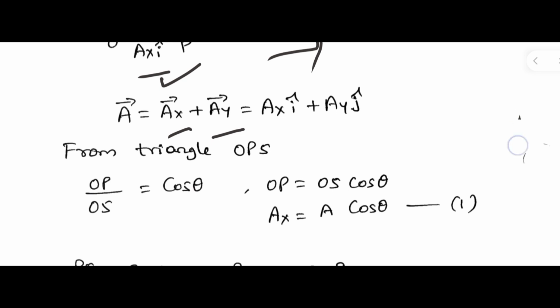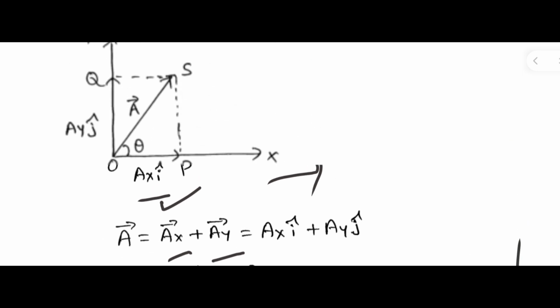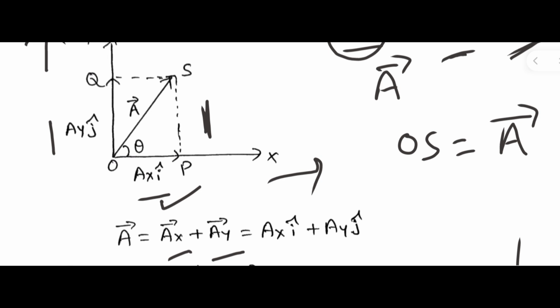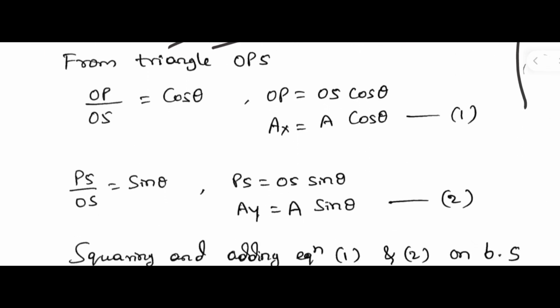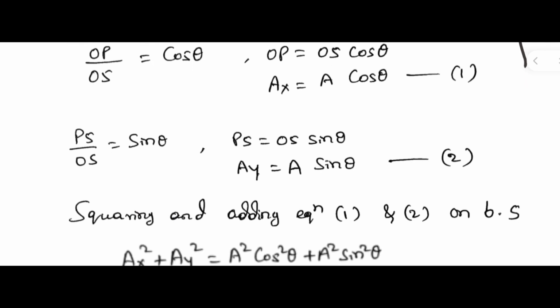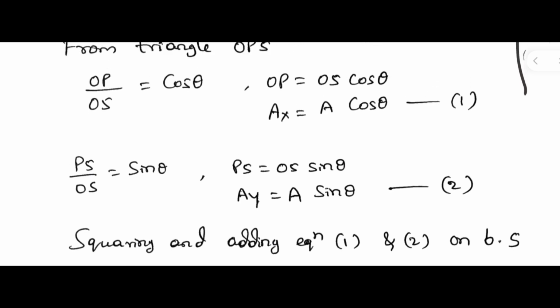So Ax equals A cos theta. In the same way, sin theta is PS by OS, opposite by hypotenuse, so PS equals OS sin theta. PS is Ay and OS is A, so Ay equals A sin theta. Here we have two equations, 1 and 2.